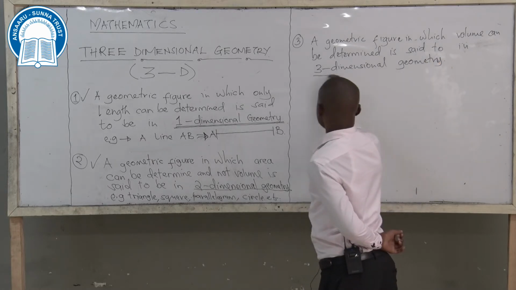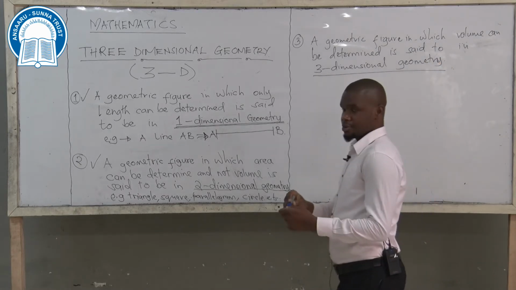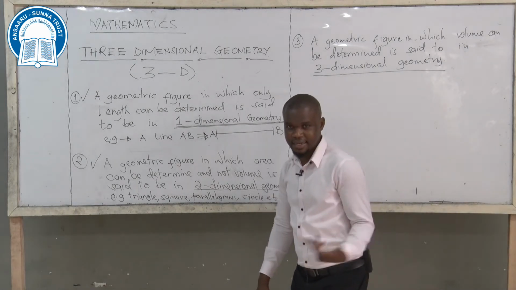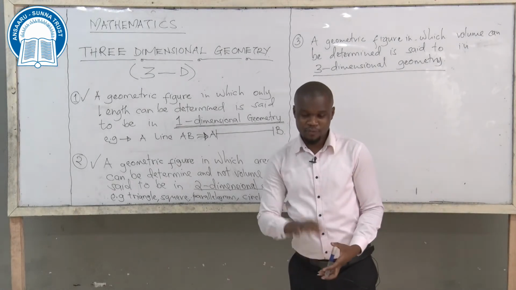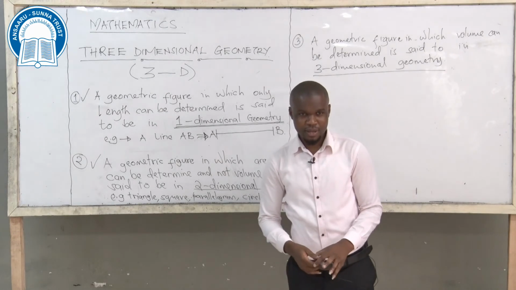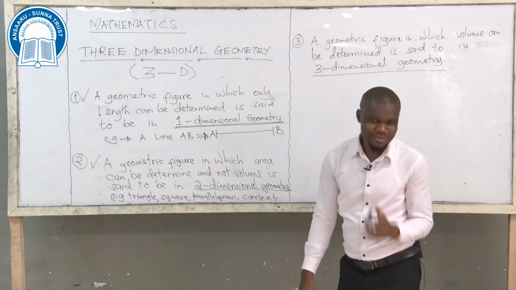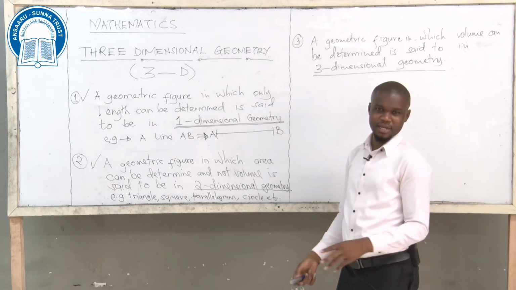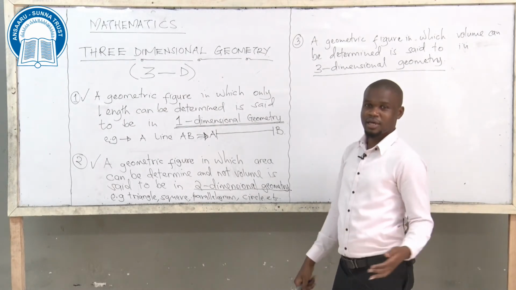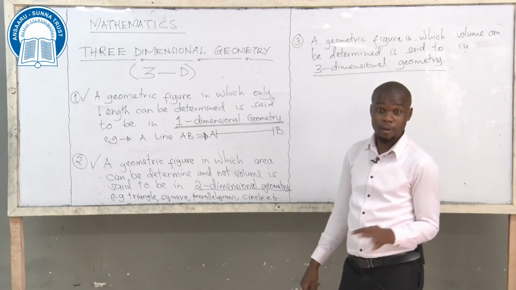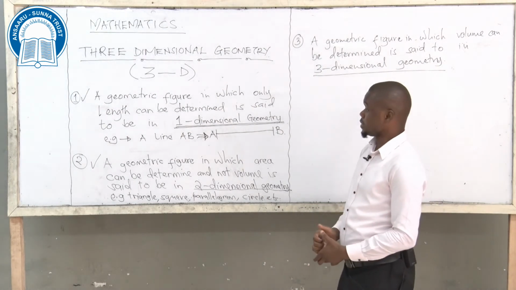So when you hear somebody talking about you being in 3D, that means your volume can be determined. But if somebody tells you that you are in one dimension, that is a very big abuse, that the only thing that can be determined from you is the length. Maybe you are tall. Yeah, that is a very big abuse.